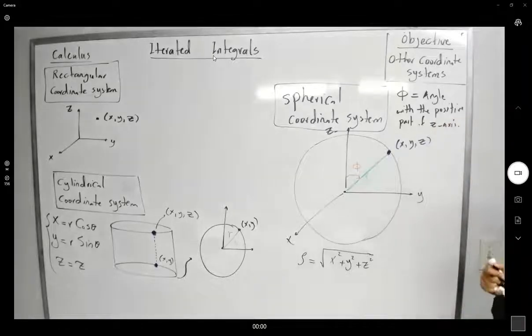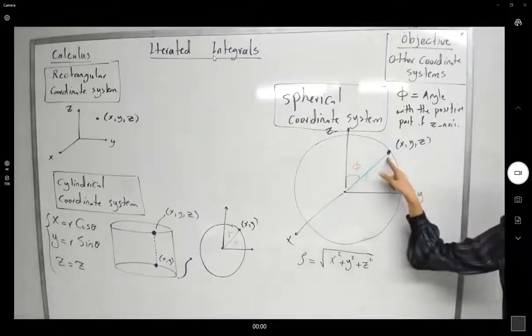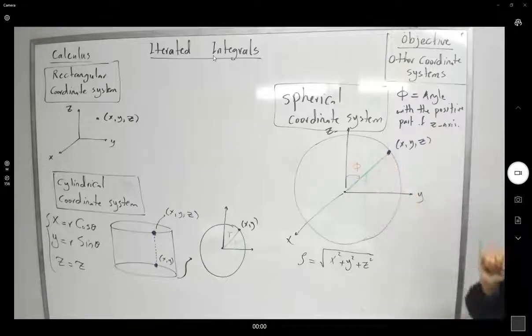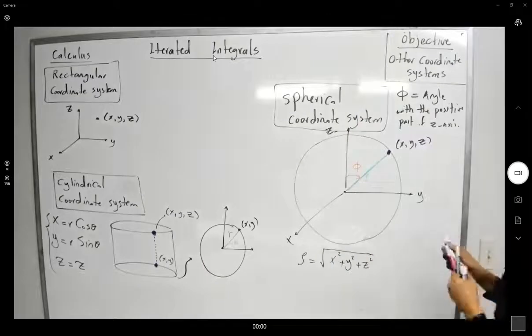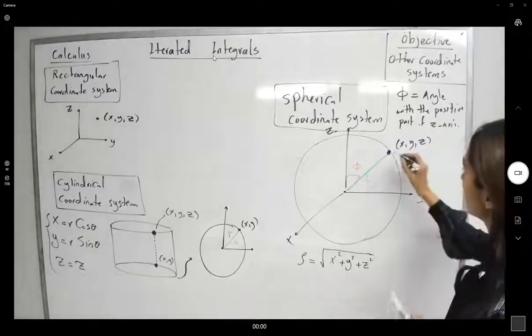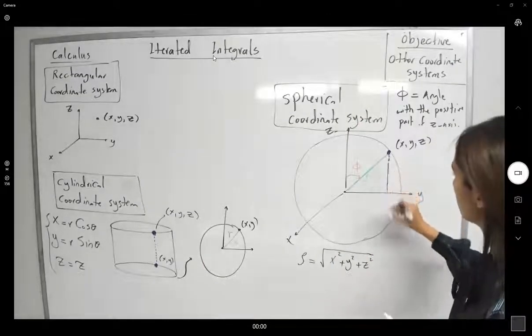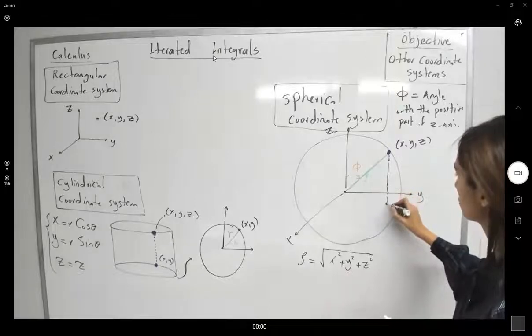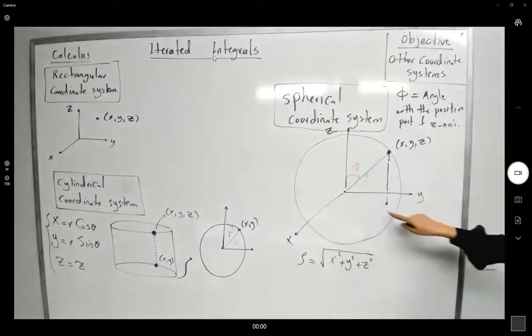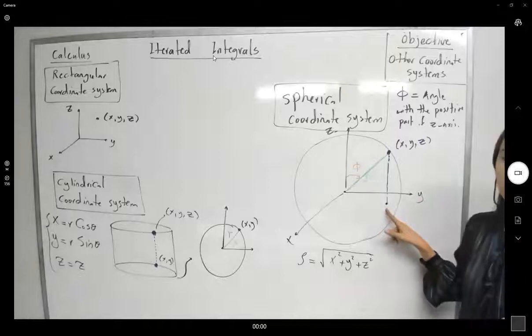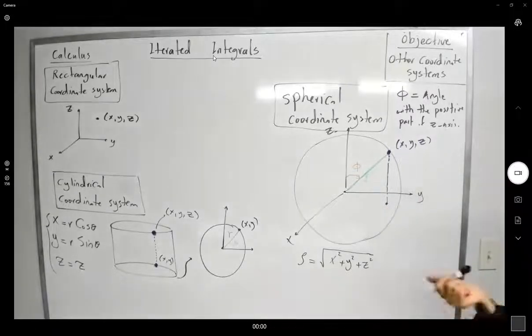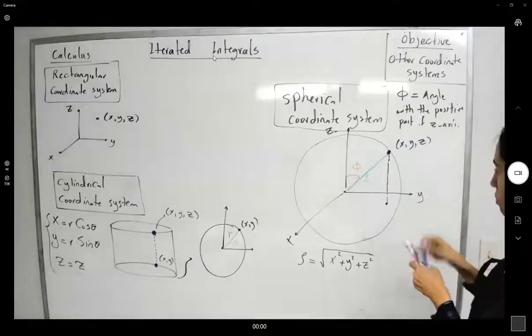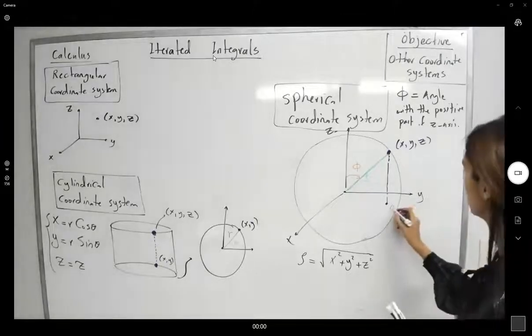Well, okay. If I look at the projection of this point in the xy plane, I'm going to get something like this, right? Suppose this guy is just right here, the projection. At this point, you don't have any z anymore. You only have x and y. Z is equal to 0. So here you have your x comma y.